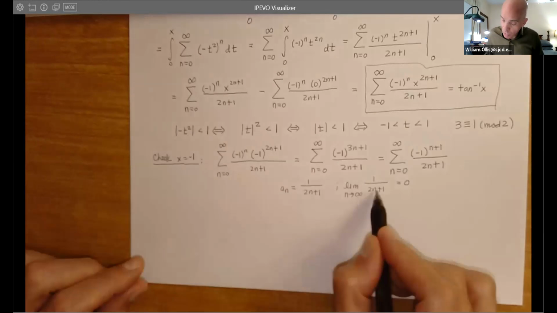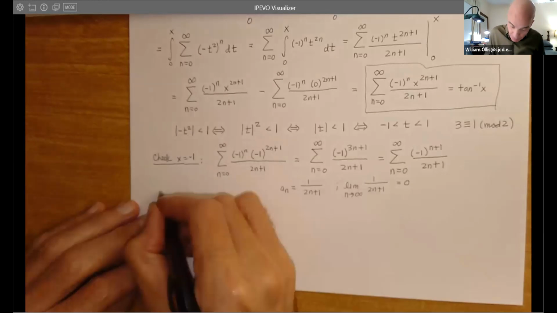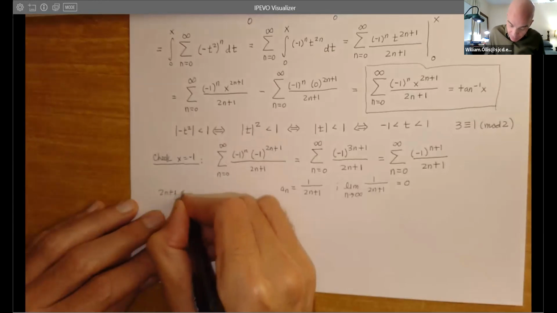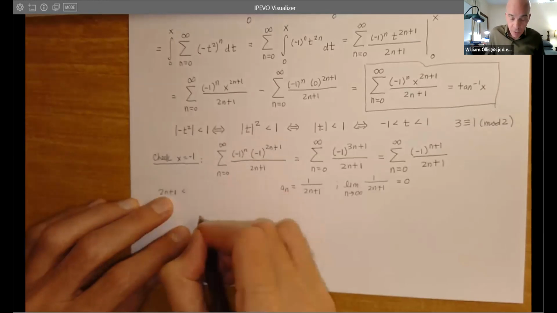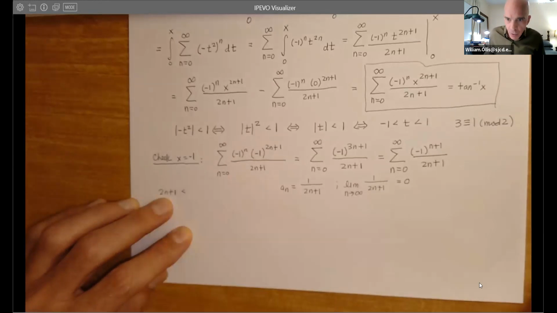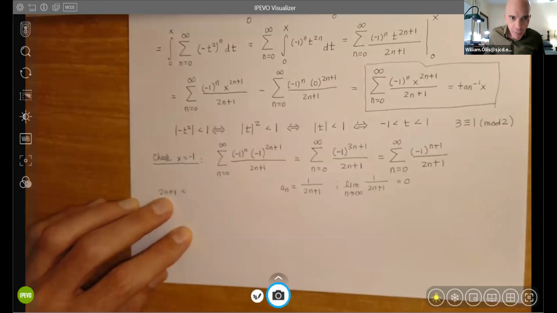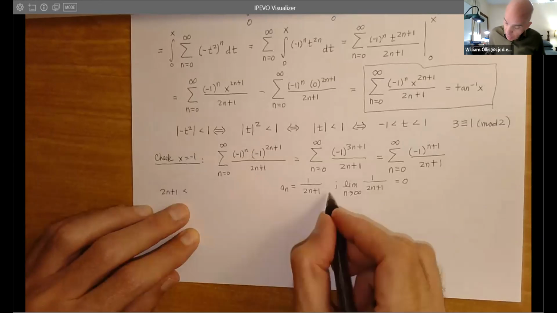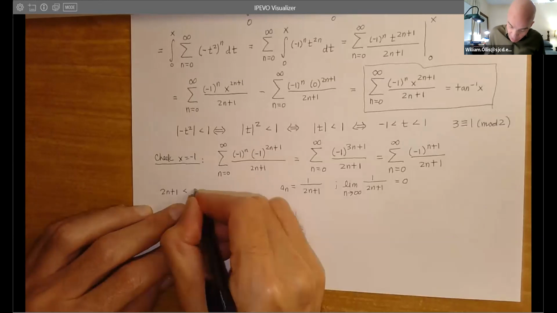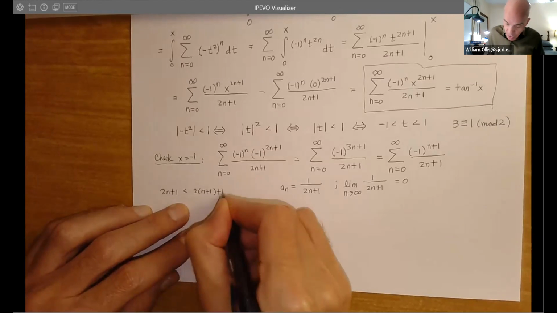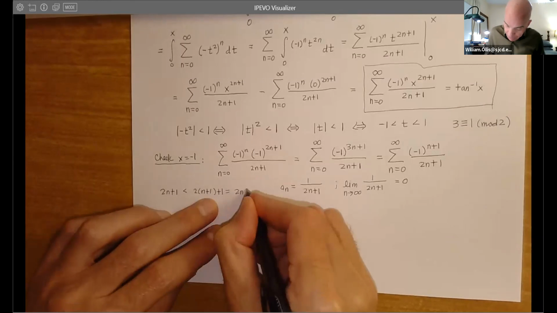So let's just go ahead and do some simple calculations. 2n plus 1 is less than, if we replace n with n plus 1, we'll get 2 times n plus 1 plus 1. So that's just 2n plus 3, right?